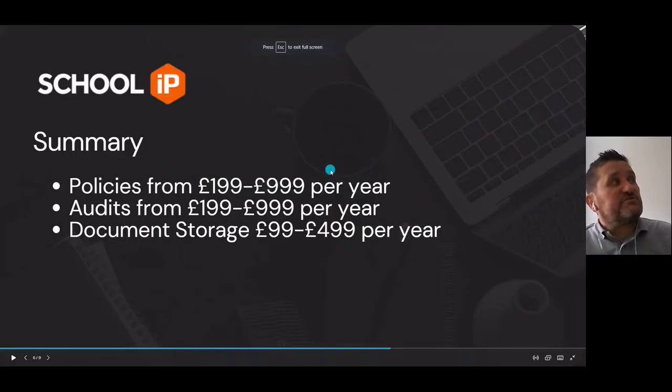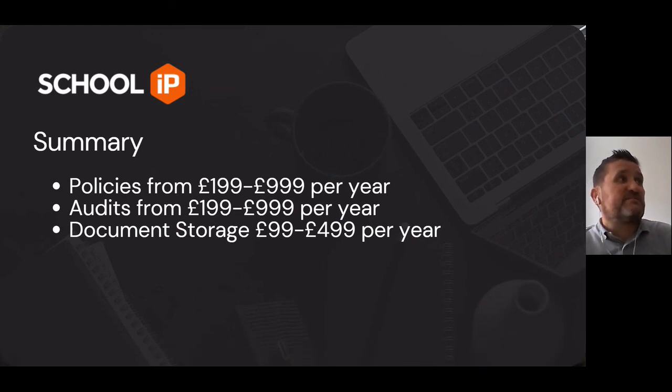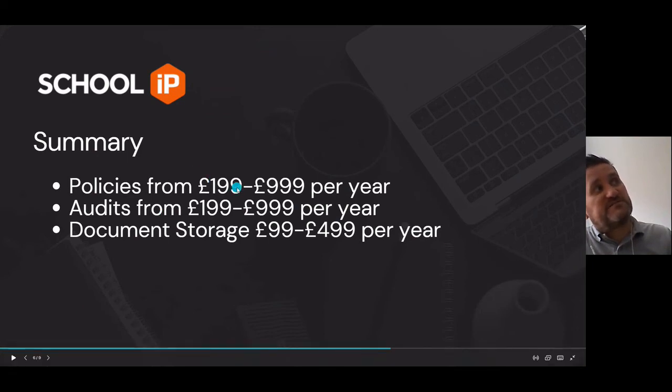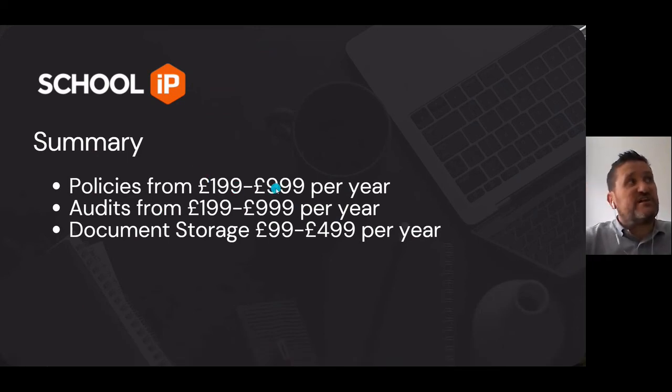So these are additional modules in terms of School IP, and they are priced based on the numbers of pupils at the school in terms of a sliding scale, so that we can obviously price this accordingly for small, medium, or large schools. The policies and the audits are available from £199 for that module up to £999, dependent on the size of the school.